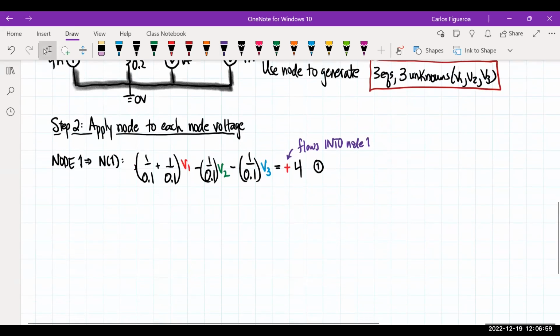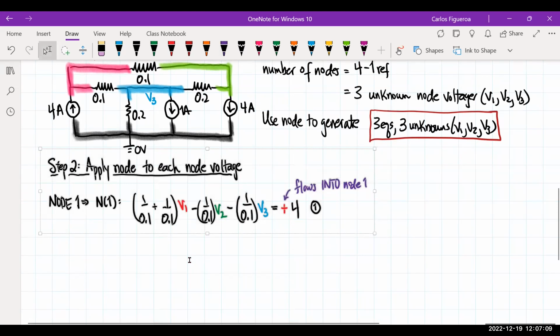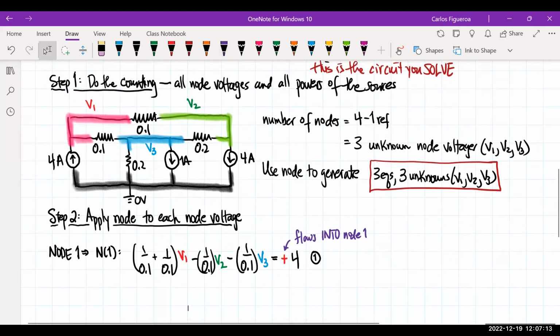Now let's go to the second node, which is the green node. I think I might have to bring that circuit down. If I look at that second node, note that I have 2 resistors connected to the green, then I have mutuals with the blue and the red.